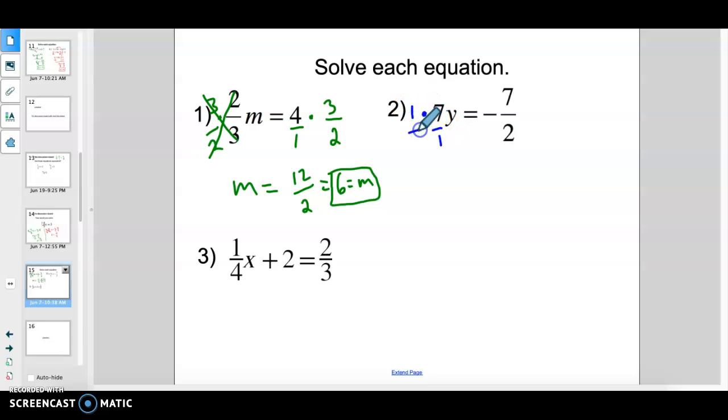So I could multiply by 1 over 7, and then 7 divided by 7 is 1, 1 divided by 1 is 1, so I'm left with a y. And the reason I did that is because of the fraction on the right side. So if I multiply by 1 over 7, 7 divided by 7 is 1. So I'm left with a 1 on the top and a 2 on the bottom. So I'm left with negative 1 over 2.